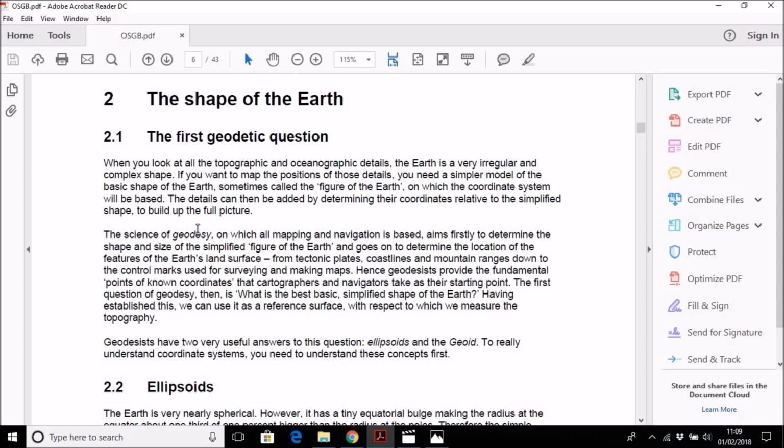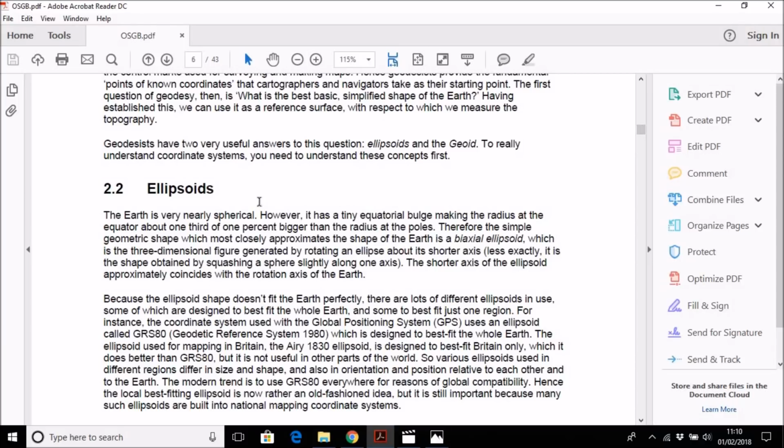Okay, so that's what is done in geodesy and geodetic surveying. What they're trying to do is to take a simpler model of a basic shape, and then see how the actual measurements and the actual data fit onto that simpler model. 2.2.